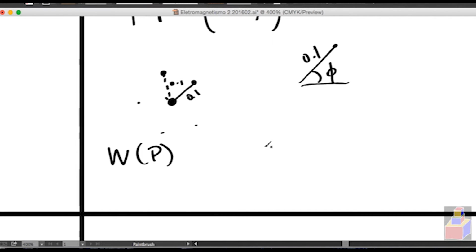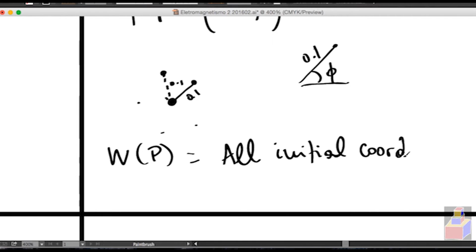These are the initial coordinates of the system. So your program will know the matrix P, will calculate, according to the prescription I'm going to give now, all the initial coordinates put together in a matrix, and then at the end calculate the equipotential lines based on this information. Okay.